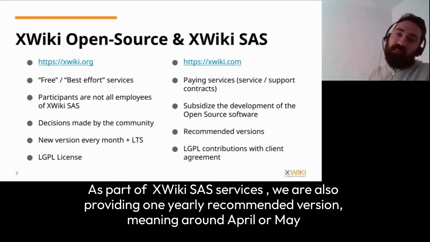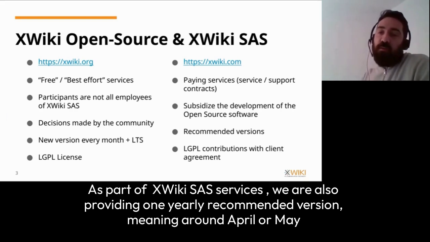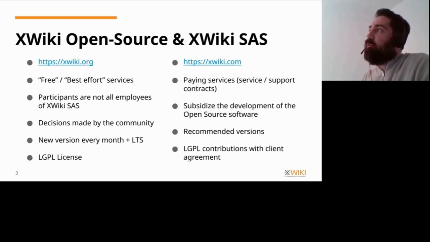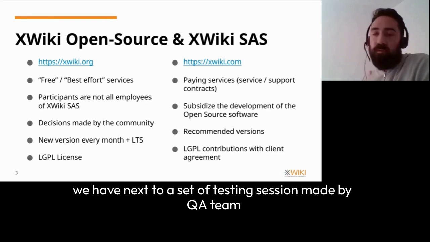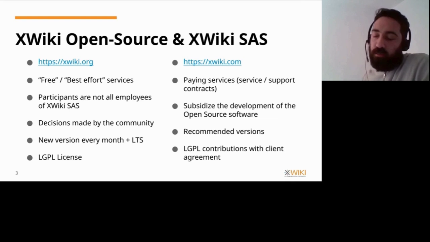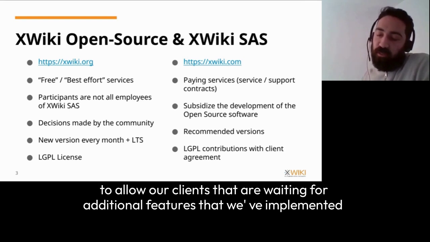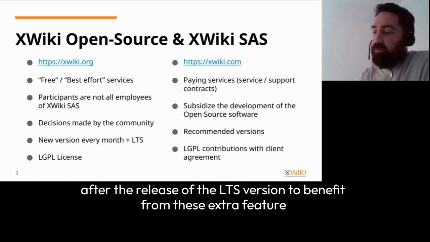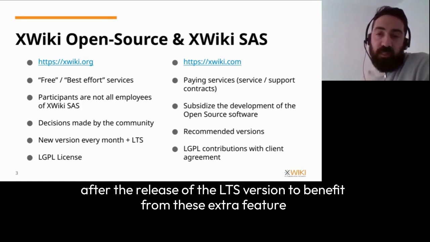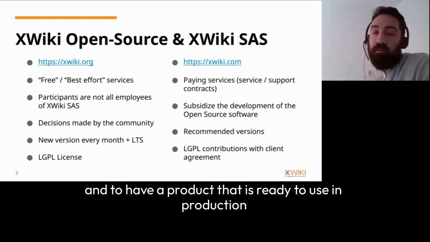As part of XWiki SAS services, we are also providing one yearly recommended version, meaning around April or May, we'll have an extra set of testing sessions made by our QA team to allow our clients that are waiting for additional features that were implemented after the release of the LTS version to benefit from these extra features, and so to have a product that is ready to use in production.